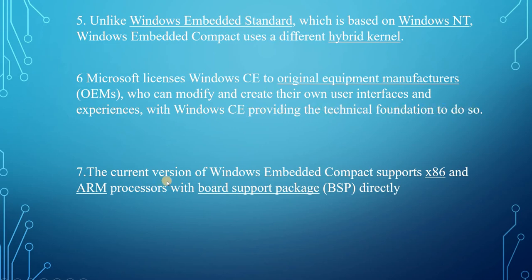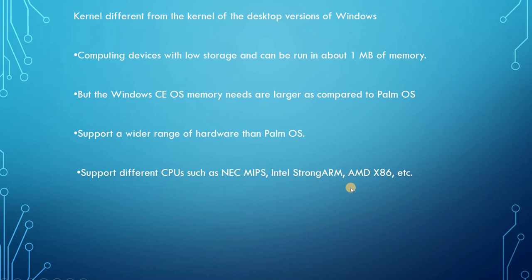The current version of Windows Embedded Compact supports x86 and ARM processors with a broad board support package directly. The kernel is different from the kernel of desktop versions of Windows here.